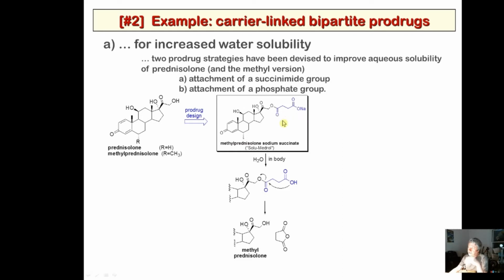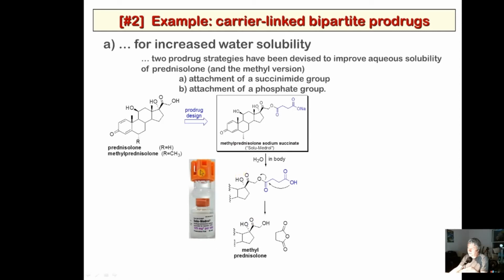What happens is you can store this as the sodium salt. So this is like infinitely stable. Keep it in the sodium salt form, and then when dissolved in water in the body, the carboxylate sodium salt gets converted to a carboxylic acid, and then this oxygen swings in and kicks it off and generates methylprednisolone, which is the active pharmaceutical.